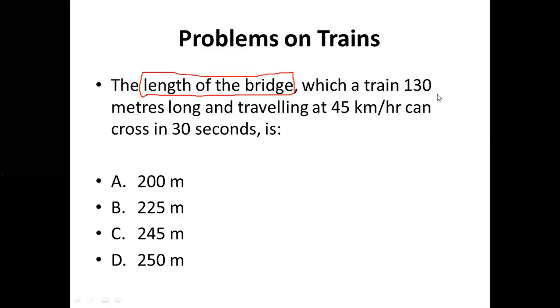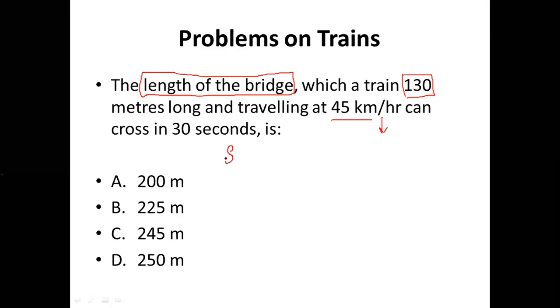And in which train is given? 130 meters, and traveling at speed of 45 kilometer per hour. So first of all, we have to convert this, the conversion method, and we have to convert the speed into meter per second, right?